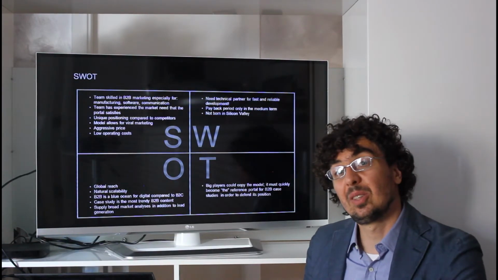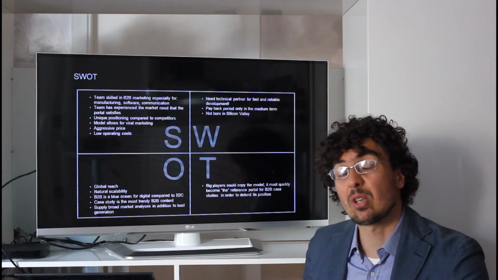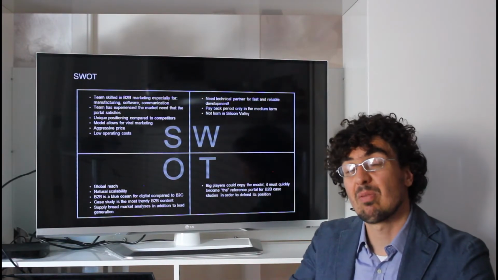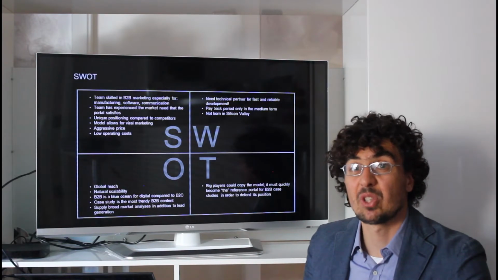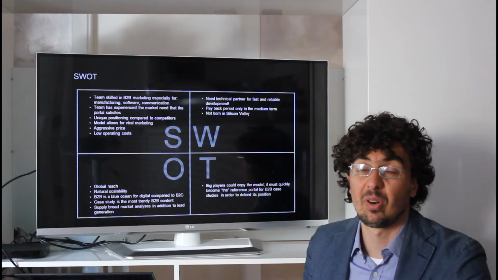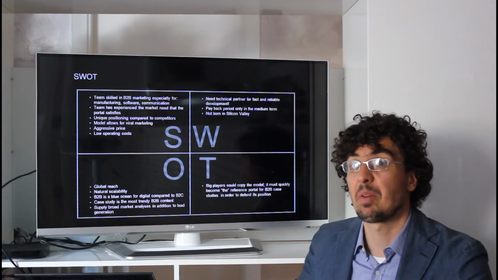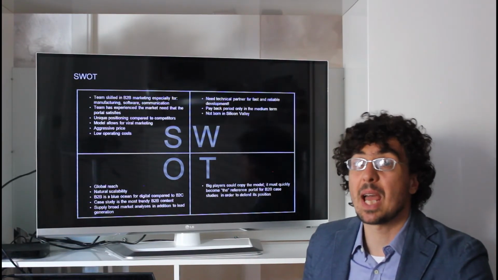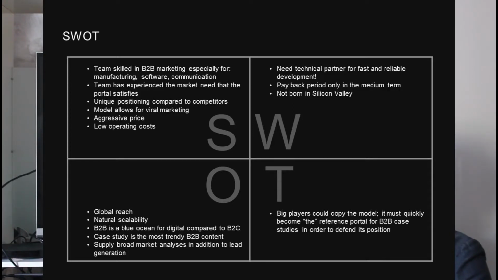And in addition to leads, we can supply marketing analysis of clusters, which can be interesting for players studying different B2B fields. The threat is mainly that big players could copy the model unless we are fast enough to become the reference portal for B2B lead generation through case studies.